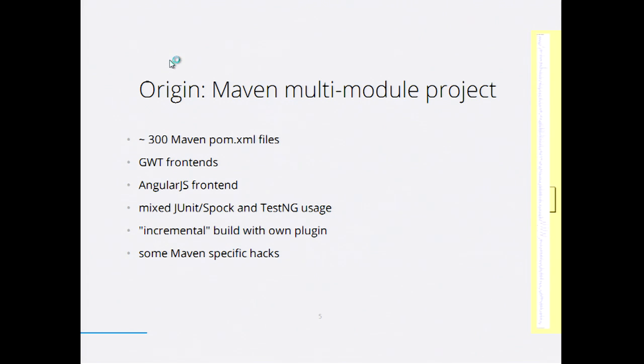We already implemented a little Maven plugin, which does something like Gradle also does, to only build changed modules. This is called incremental build. And there are some Maven-specific hacks which weren't supported by Gradle out of the box. And I'll show you some code on how we tackled them.